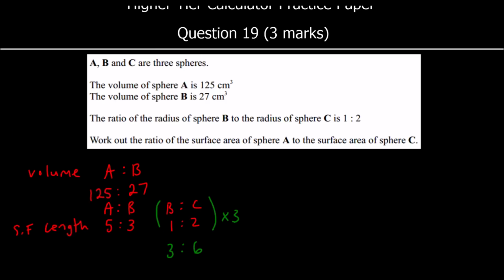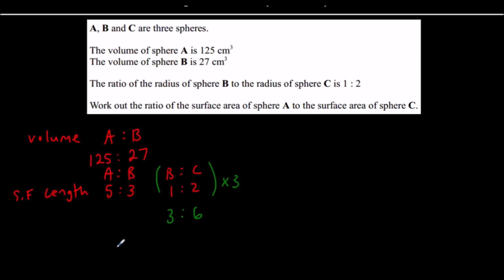We can just write the ratio for lengths of A to B to C. It's 5 to 3 to 6. But we don't want the ratio for lengths. We want the ratio for area. And the ratio for area will be scale factor squared. So we just need to square this.